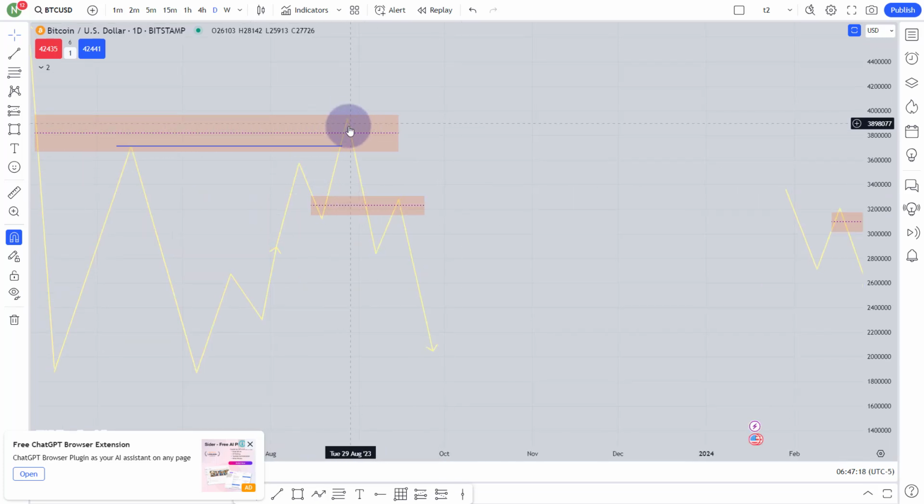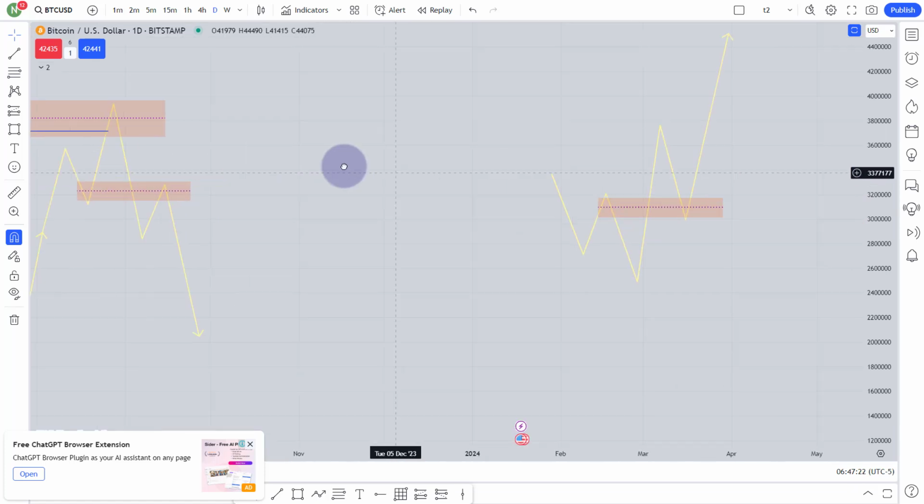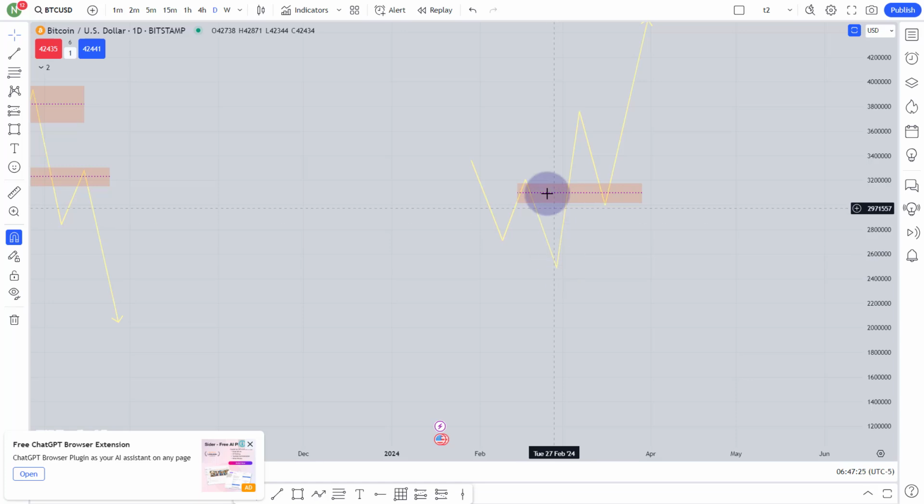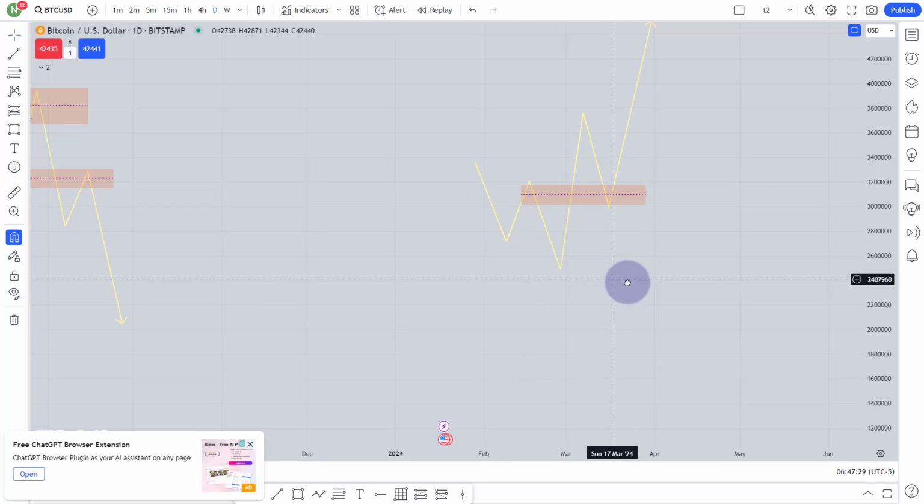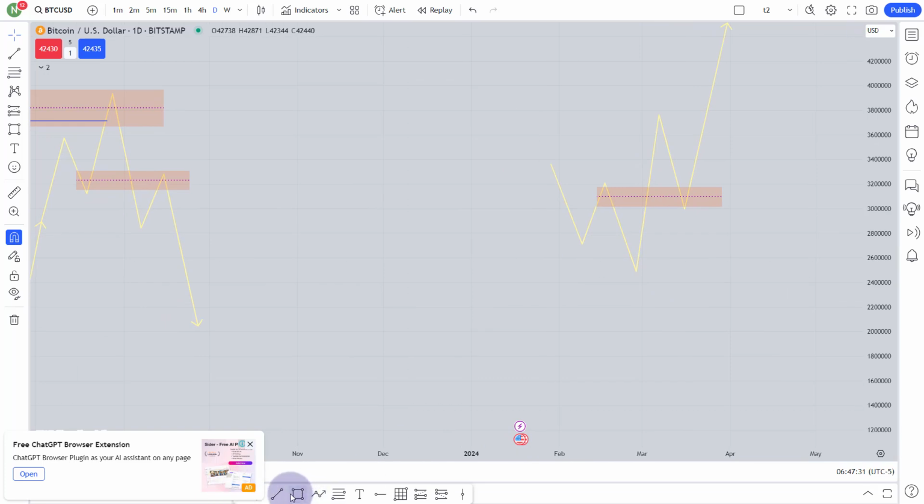When will this high be eligible, or how will this high make this breaker eligible, or when will this low make that bullish breaker eligible for being a breaker? Okay, what are the rules here? The market has to trade above an old high.